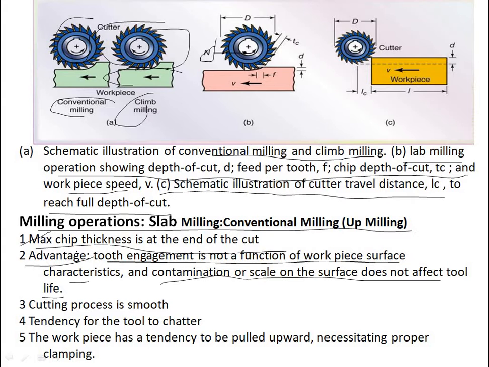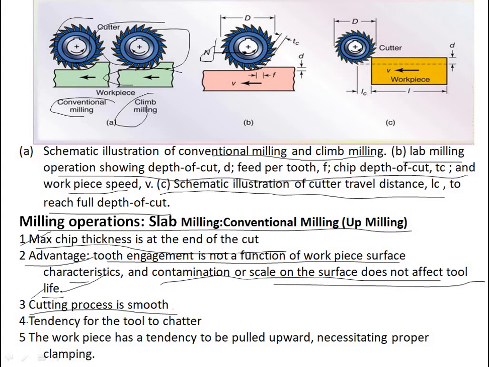Are you getting what I am telling? What is the advantage? Tool engagement is not a function of workpiece surface characteristics, and contamination or scale on the workpiece does not affect the tool life. And third one is the cutting process is smooth.